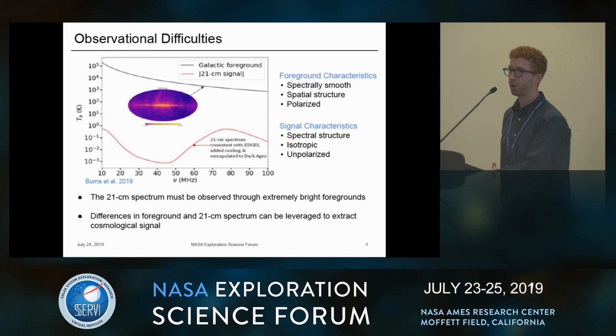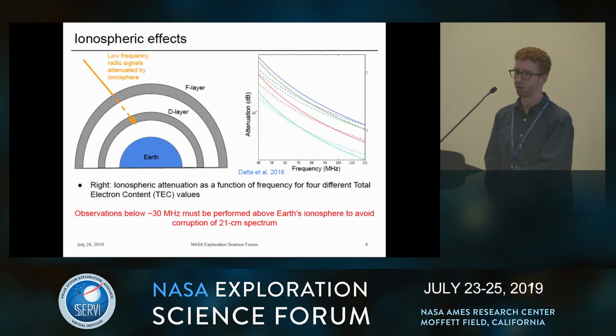But if you're doing a ground-based experiment, you also have to deal with ionospheric effects. The ionosphere is the upper ionized portion of Earth's atmosphere. Any radio waves at these low frequencies that we're trying to observe, when they pass through the ionosphere, are going to refract and be attenuated, which can contaminate our observations. The plot that you see on the right here is the amount of attenuation caused by the ionosphere as a function of frequency.